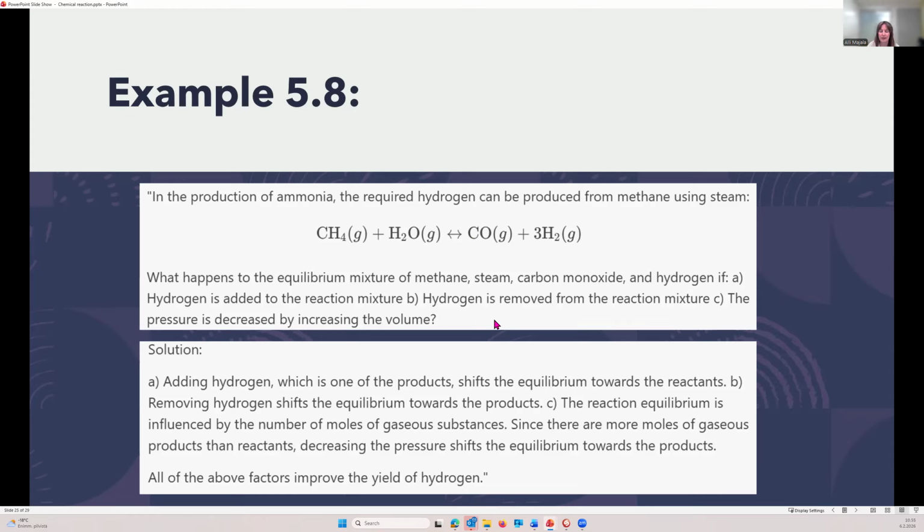If you give it more space, you get more products, and you improve the yield of hydrogen again. So removing the hydrogen from this, you improve the yield. And also giving this more space, increasing the volume, you also get more products and you shift the equilibrium towards the products.